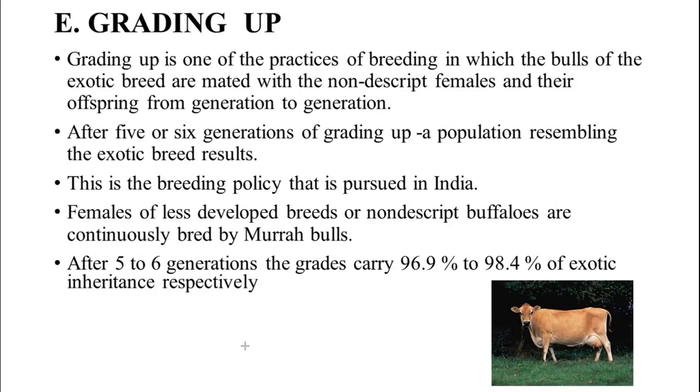The fifth one is called grading up, in which bulls of the exotic breeds are mated with non-descript females and their offspring from generation to generation, so that after 5-6 generations, the population resembles almost the exotic breeds.